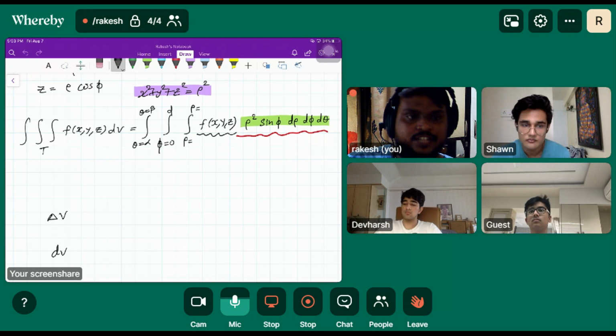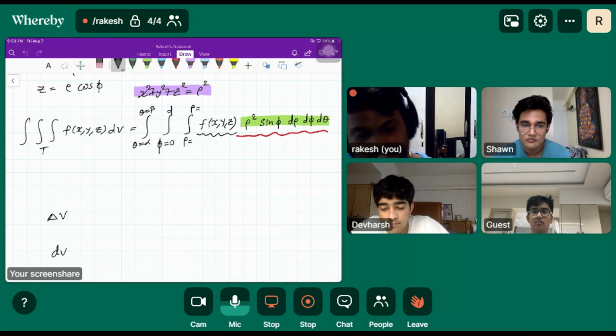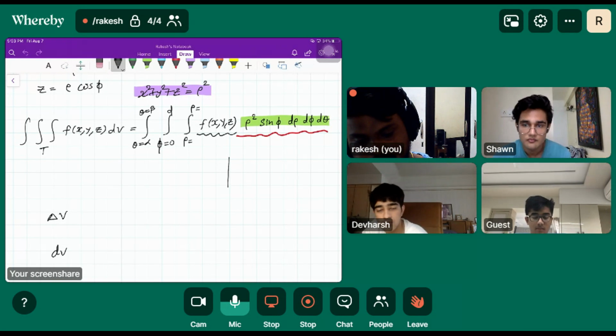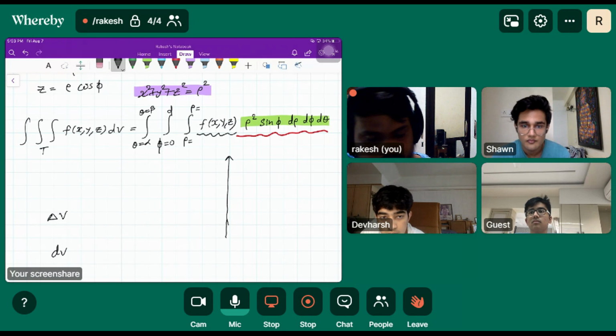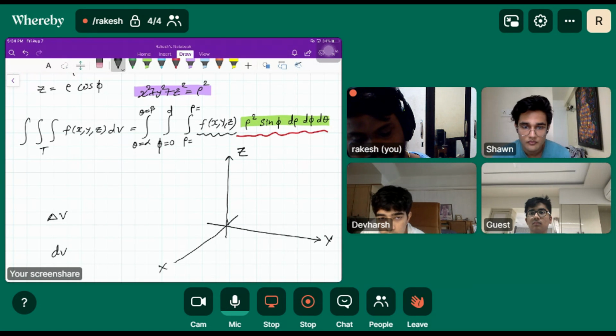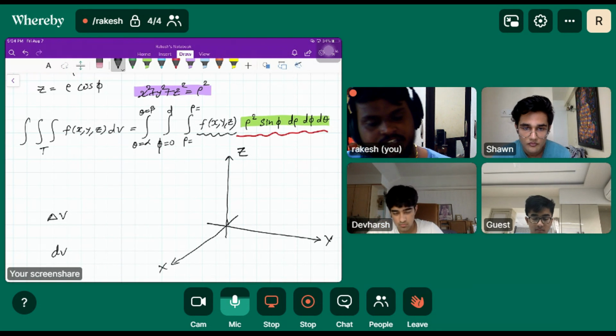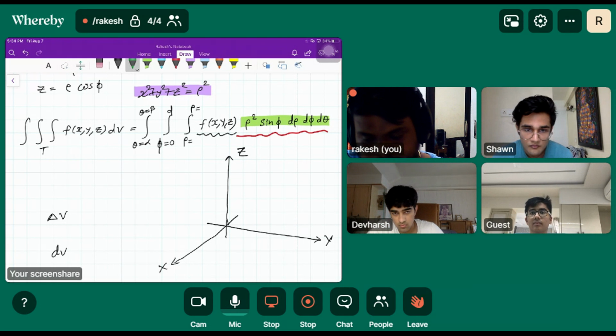So let's find out the region here in the spherical coordinate system. Draw this region properly first.